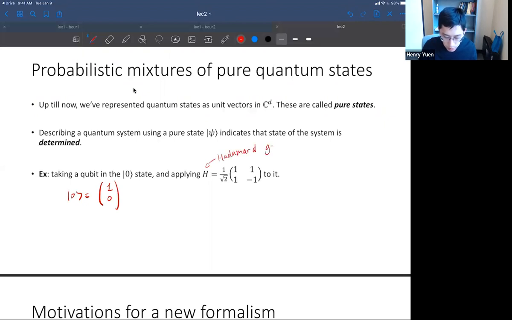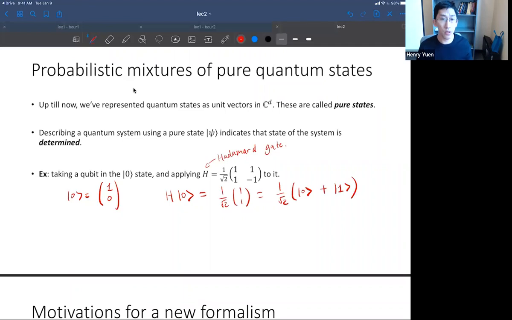If you apply the Hadamard gate, you get another qubit state, and it will be this particular qubit state. I'll write it a couple different ways if you haven't seen it before. In particular, it's this uniform superposition between ket 0 and ket 1.